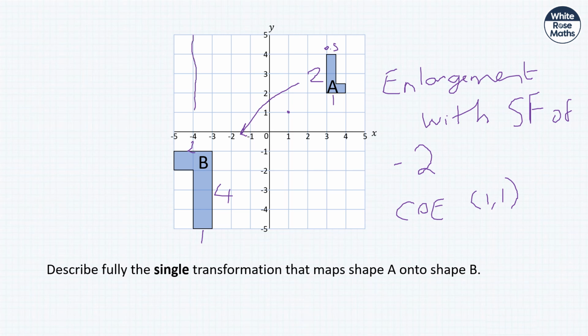So it'd be 4 down, 2 across, 1 up, 1 across, then 3 up, and then 1. So let's call this C. From A to C, that'll be a positive scale factor of 2. But because it's been flipped, it's going to be that. So that's my answer for that question.